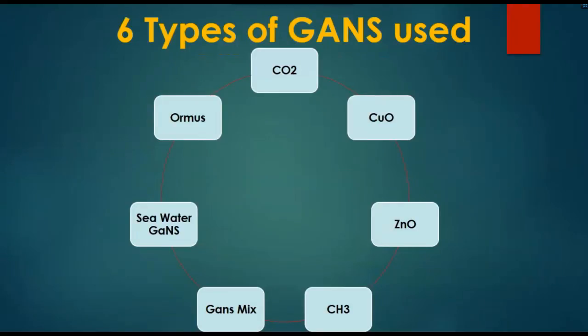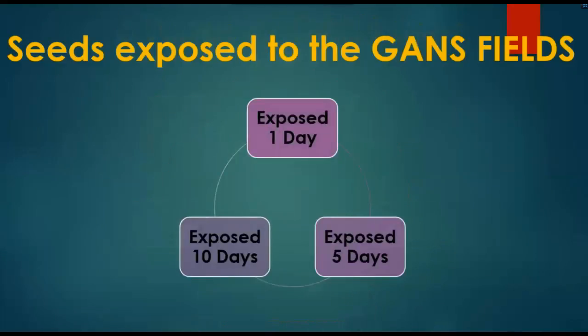We've got our CO2 GANS, the copper GANS, the zinc GANS, and CH3, so there are our four basic ones. Then I used a mix of some of the GANSes, seawater GANS, and some ormus, which we get from a local supplier. I wanted to see any different effect that would have.